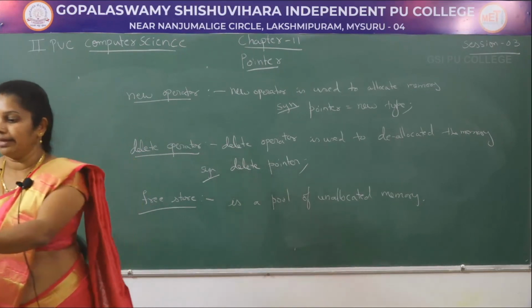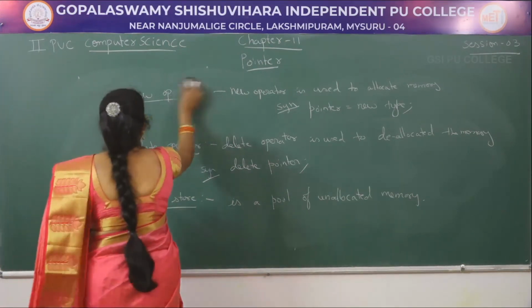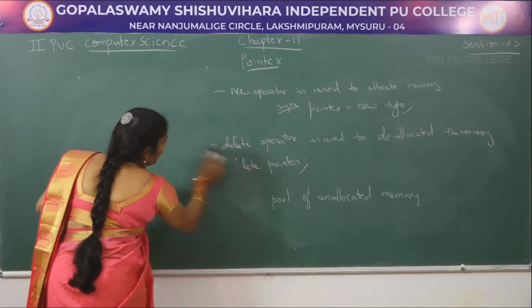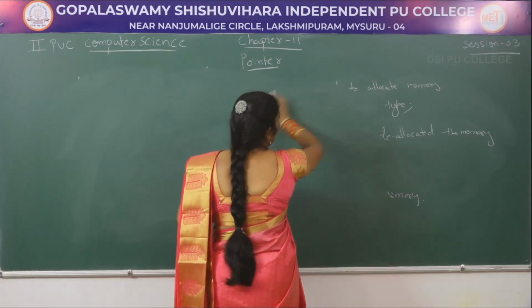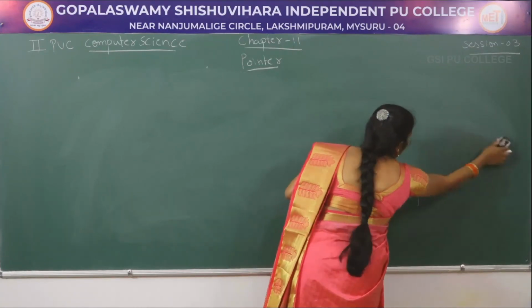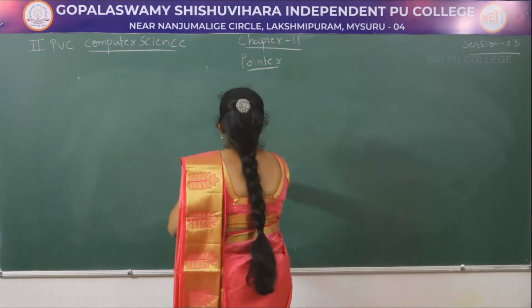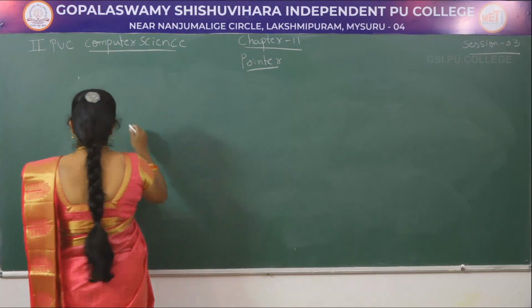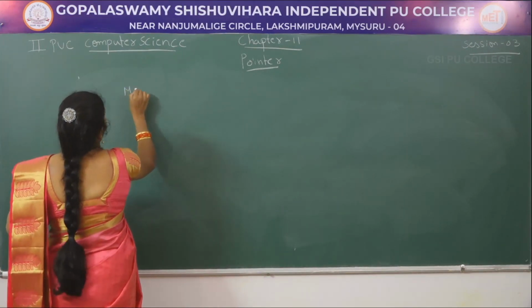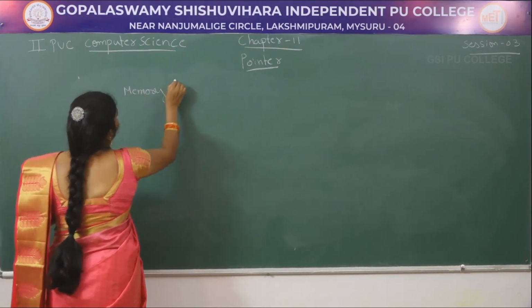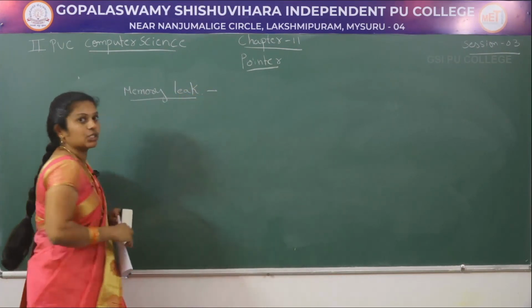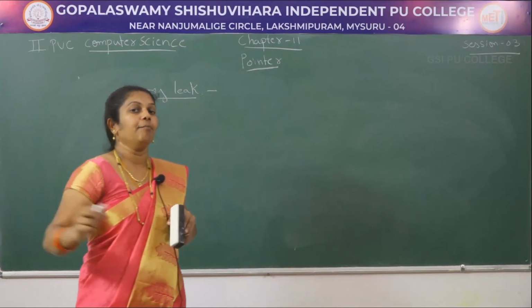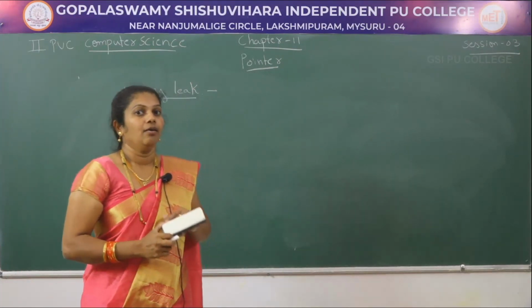Next, we will explain what do you mean by memory leak. Till now, you have come to know about memory, dynamic memory, static memory. Now, we will explain memory leak. For 1 mark also they may ask this question. What do you mean by memory leak?